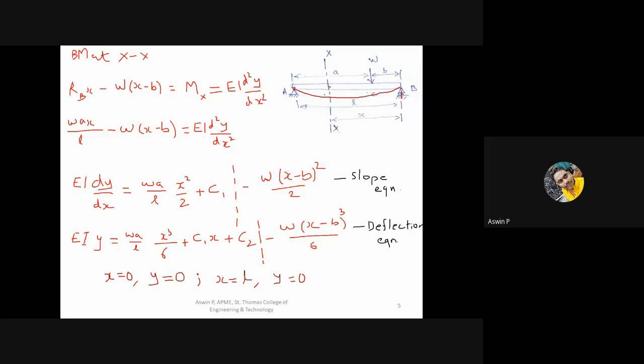There will not be any deflection at point A and point B. That is taken as the boundary condition. These are the boundary conditions.